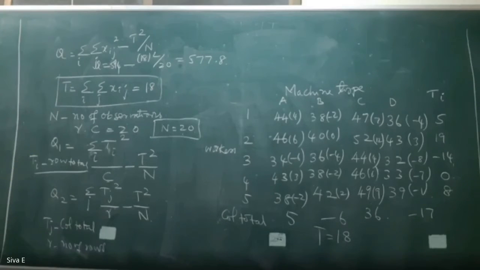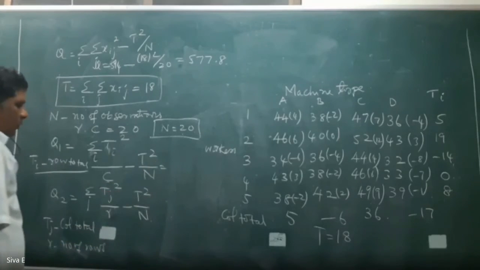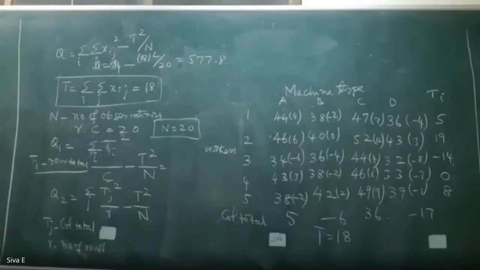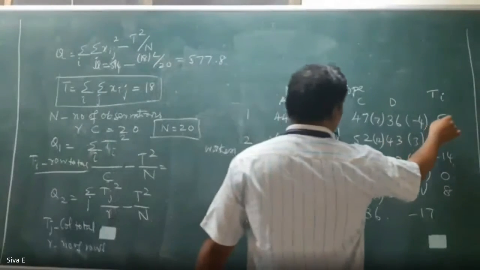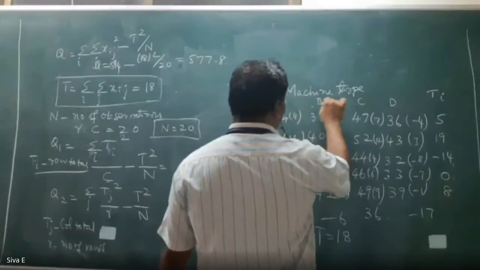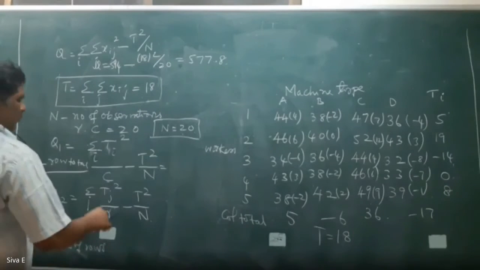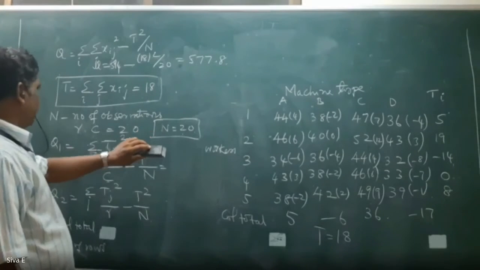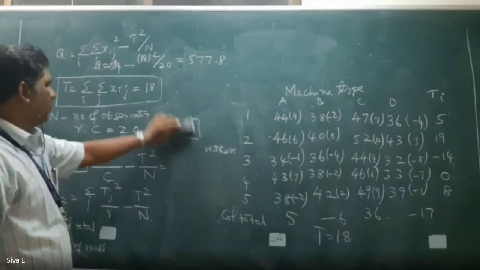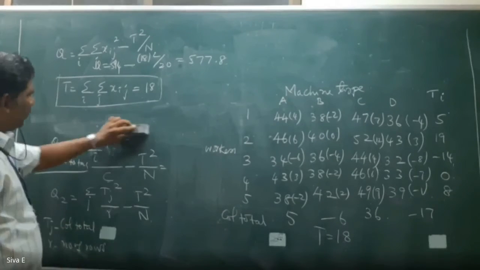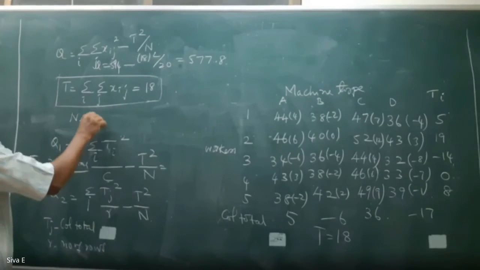Next we have to find Q1. Q1 equals the summation of Ti squared by C, where Ti is the row total, divided by the number of columns, which is 4.